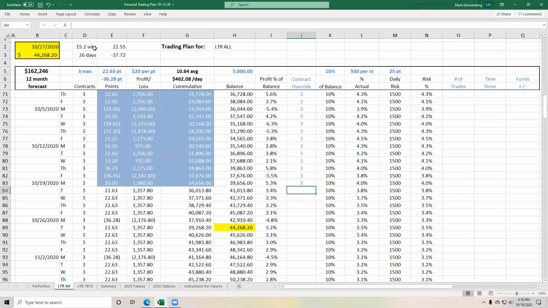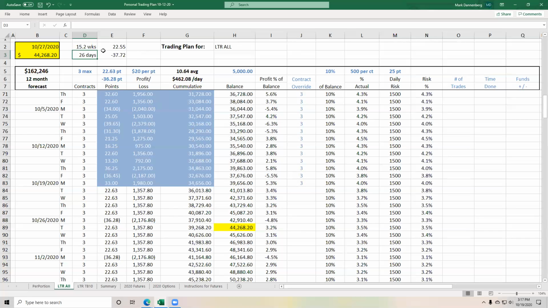And the first thing we take a look at is these 4 numbers up here, the upper left-hand corner. We now have 15.2 weeks under our belt. So last week concluded the 15th week. So we actually have 37 weeks to go in our 52-week plan. We also know that out of those 15.2 weeks, we've had 26 days that have been losing days. Now, losing days, I will say the words don't really matter that much, but I'm going to explain what I mean by that.